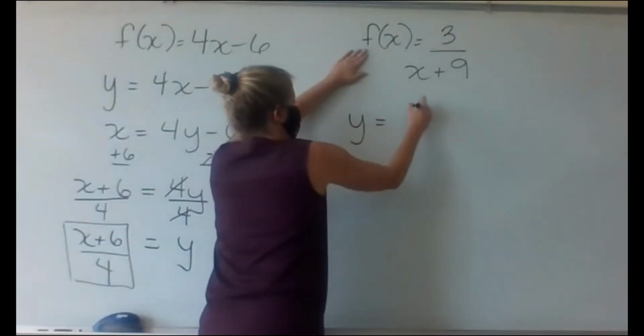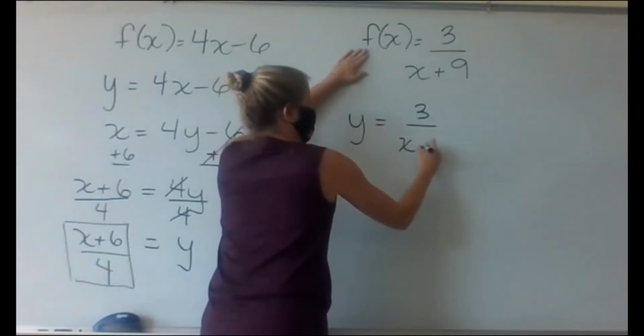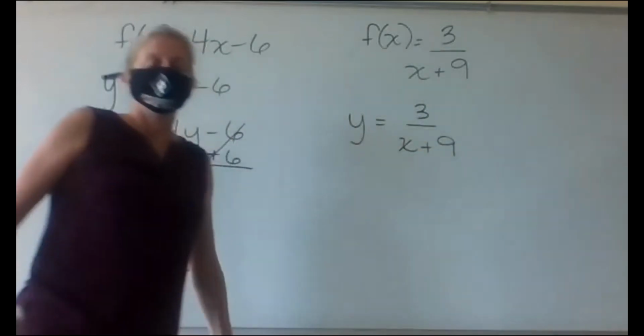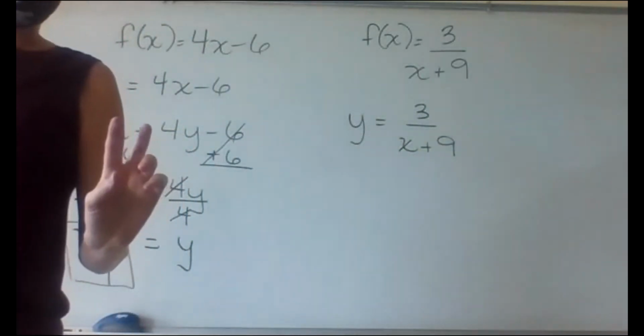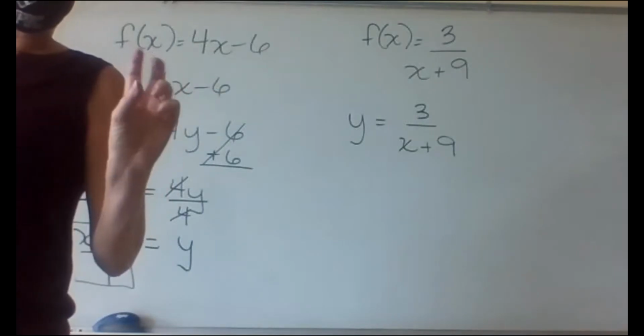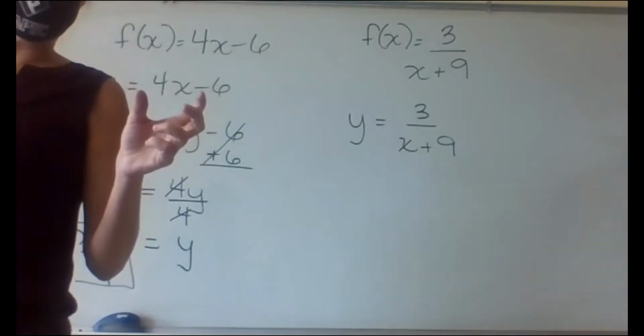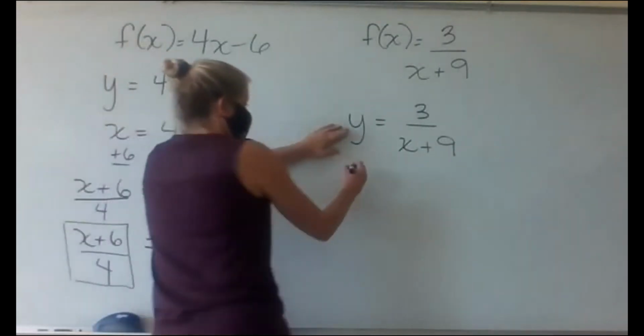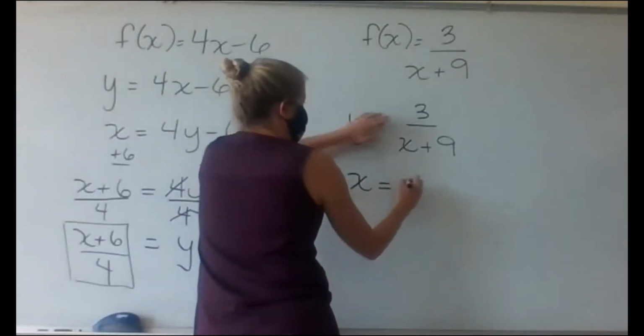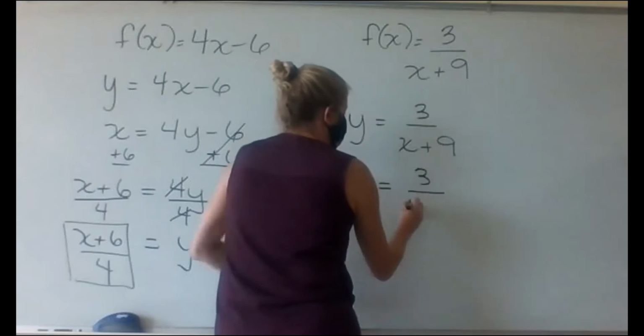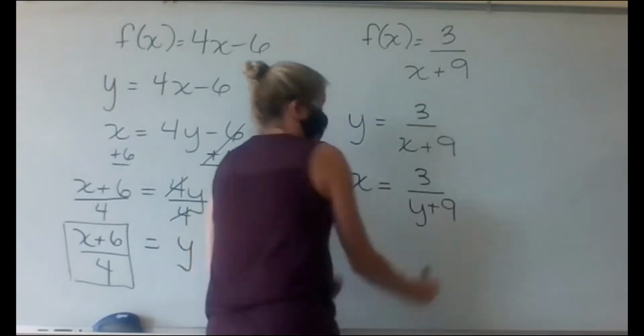So y equals 3 over x plus 9. Now, what was step 2? Interchange x and y, so I need to flip them. So now I have x equals 3 over y plus 9.